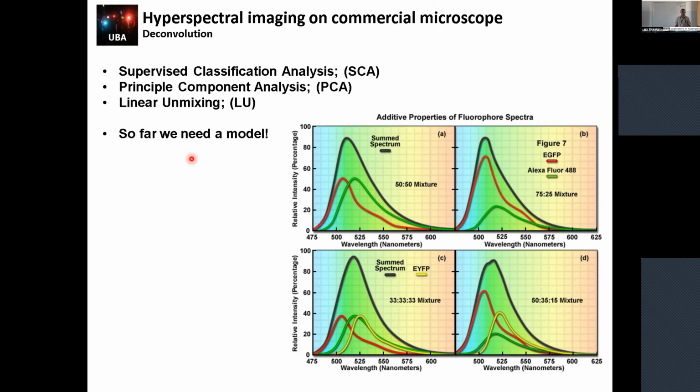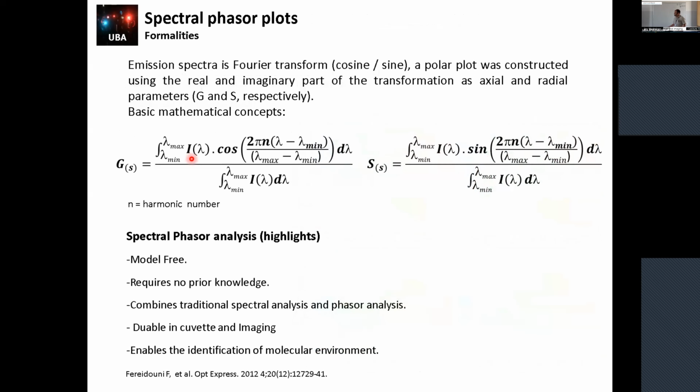So we need to come up with a different approach. And this is where the Phasor comes in, the spectral Phasor. I will try to highlight with my example how this can be a really powerful tool to understand complex photophysics, still with a very simple approach, as Enrico said today. Very intuitive, very simple in rules.